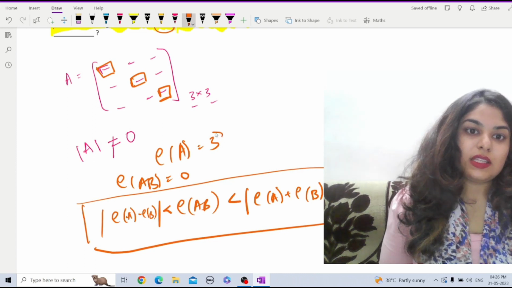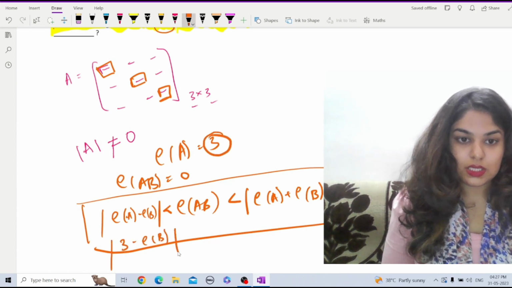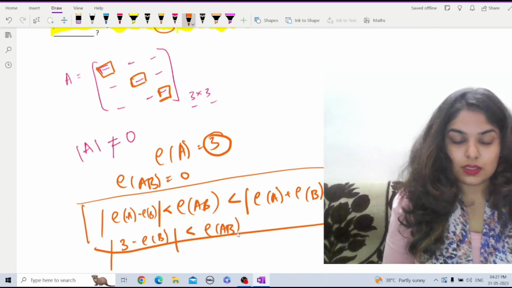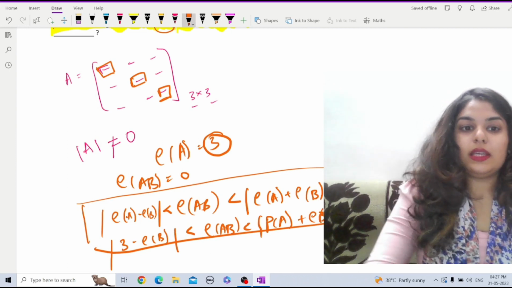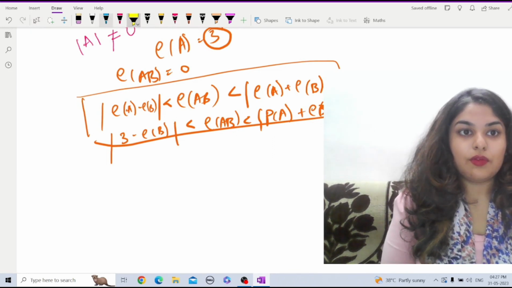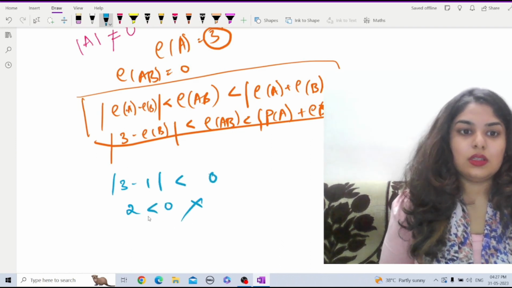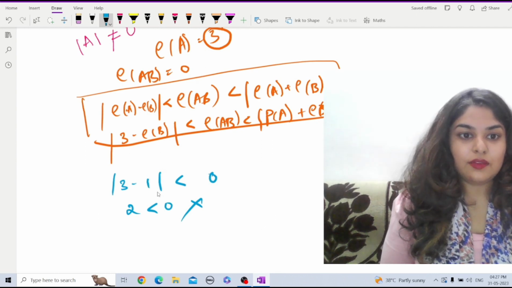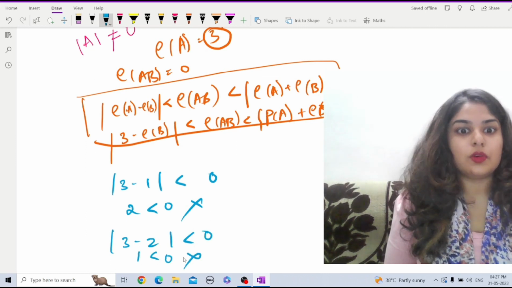Now we know that we have taken the maximum possible rank of A as 3. So that is 3 minus rank of B, less than or equal to rank of AB, less than or equal to rank of A plus rank of B. Now if we take the rank of B to be 1, then how much do we get? 3 minus 1 is 2, less than or equal to 0. This is not possible. If I take 2, then 3 minus 2 is 1, less than or equal to 0, not possible.